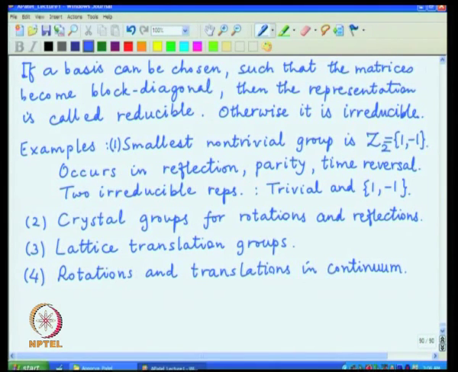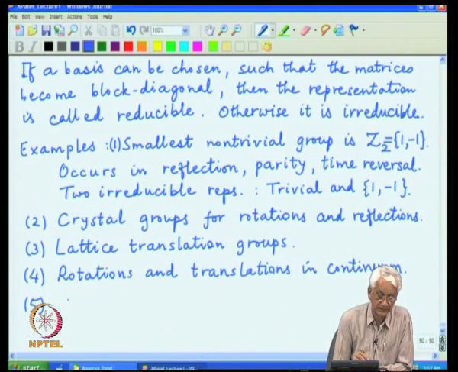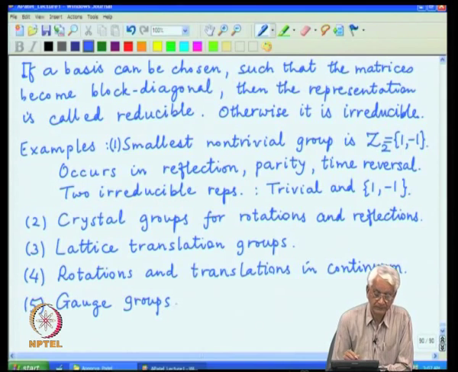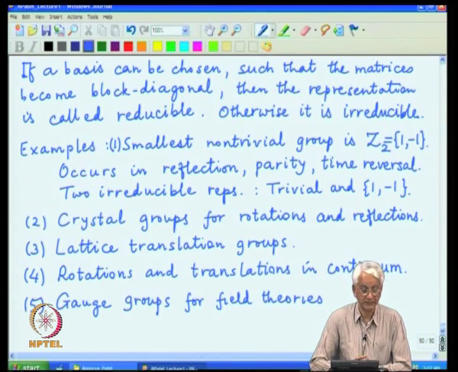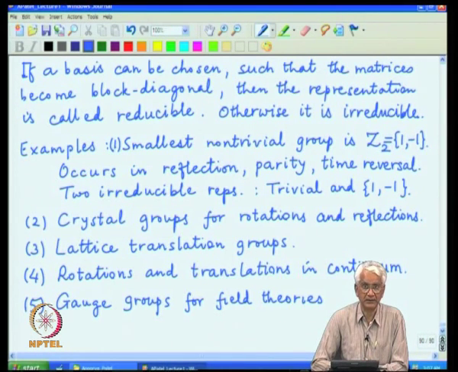And there are many such instances which we will come across, and one particular instance which is useful in the context of gauge theories are the so called gauge groups for field theories, where the transformation rules will be what will be called the gauge transformations, and they will change the states in a particular way and lead to certain consequences when the theory has a gauge symmetry, in particular various types of conservation rules that will follow.